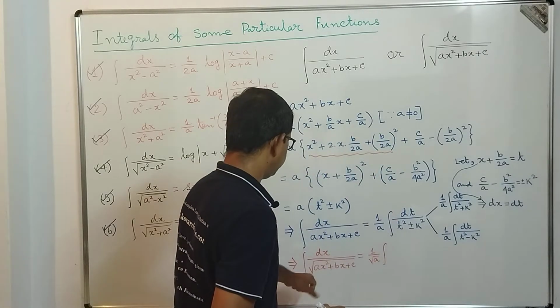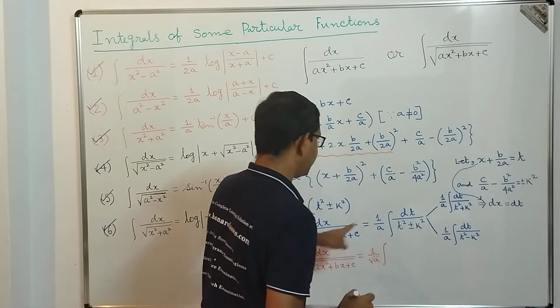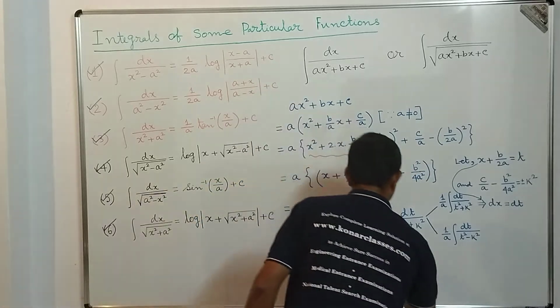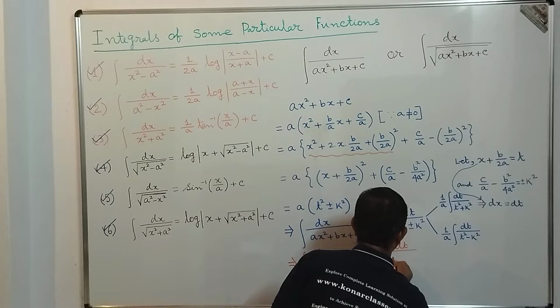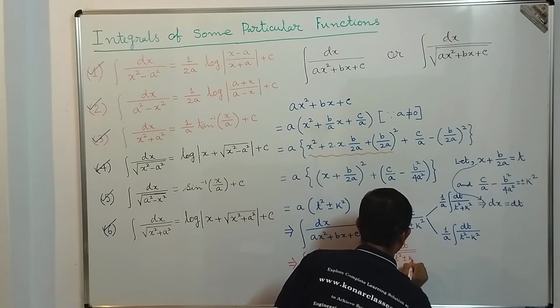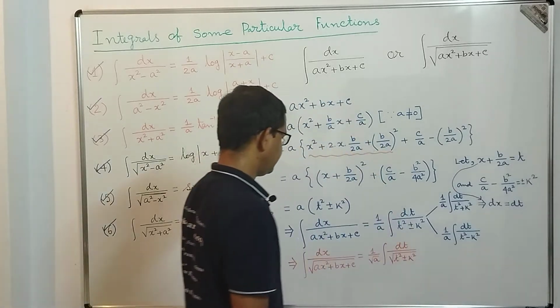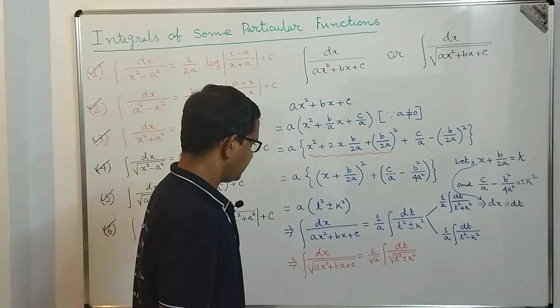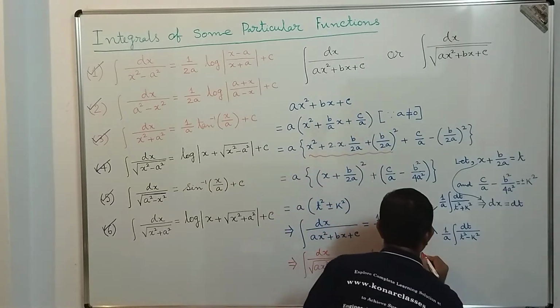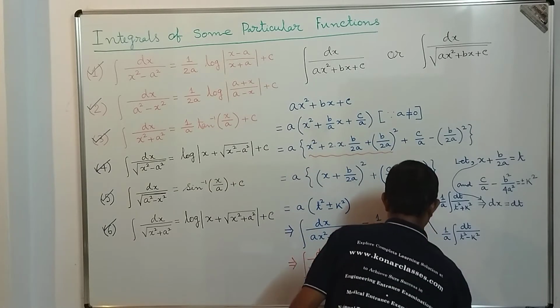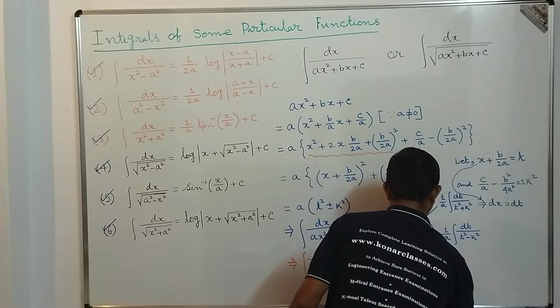The same thing that we got here, dx equal to dt, so we get dt by square root of t square plus minus k square. Correct? So from here we can have two forms.